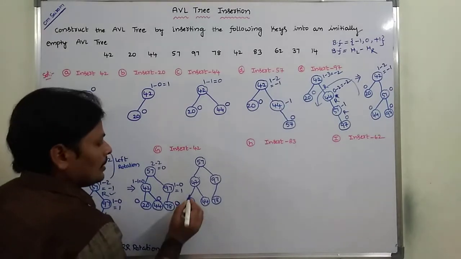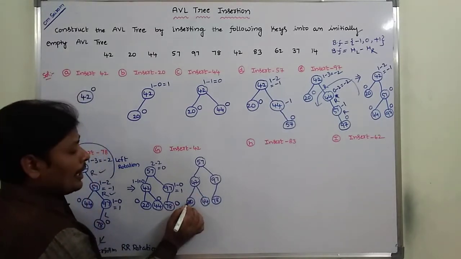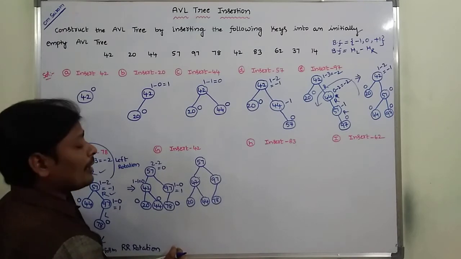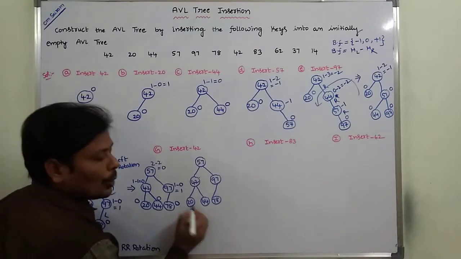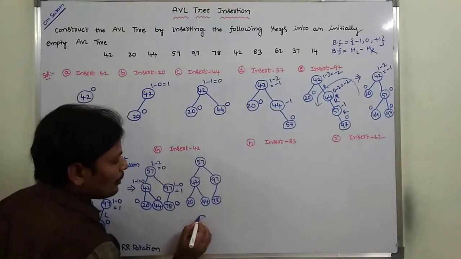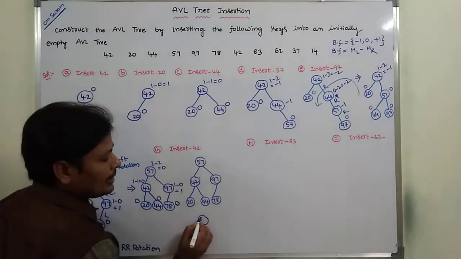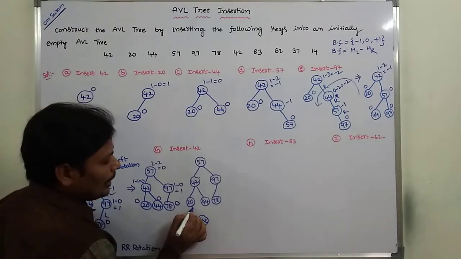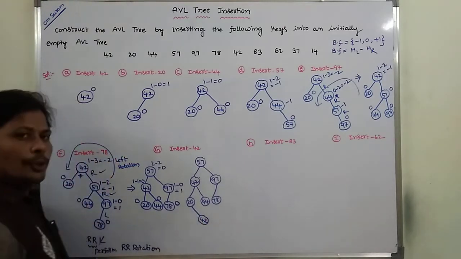Okay, so now go to the left subtree. Here 20 is there. 20 is compared with 42. 42 is greater. Now go to the right subtree. Now the right subtree is empty. Now we have to create a node. In that node we insert the 42 value, and 42 is the right child of 20.